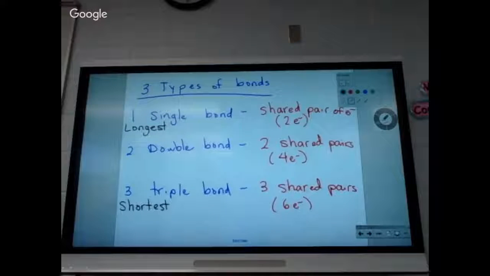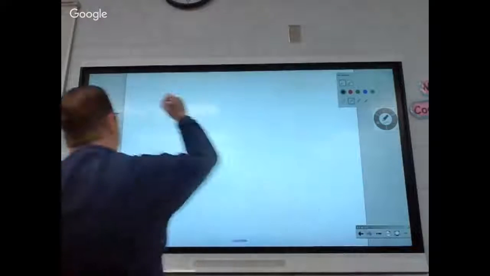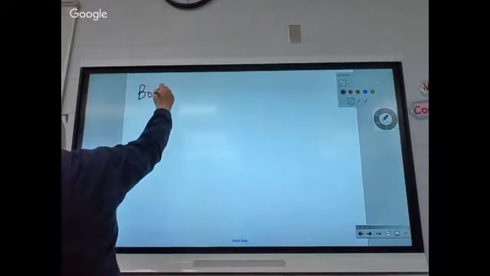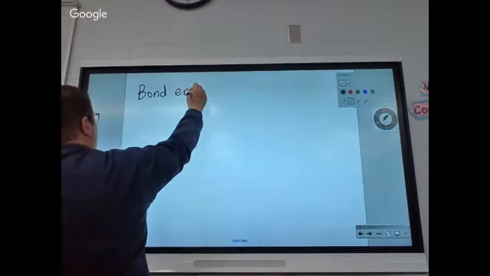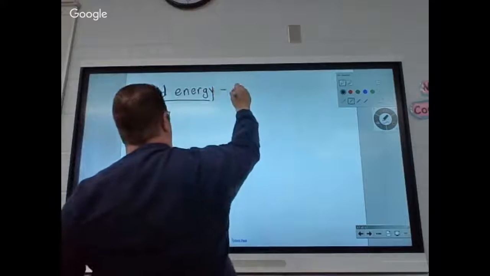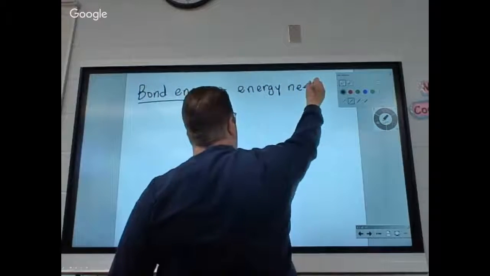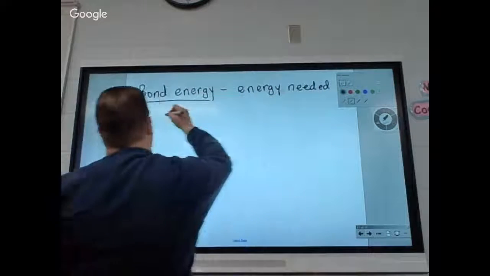Now, the last vocabulary word we have before we can talk about the Lewis structures is bond energy. Everybody got what they need? All right. So bond energy. Most people think when we define this that it's the energy to form a bond, but bond energy is defined as the energy needed to break the bond.